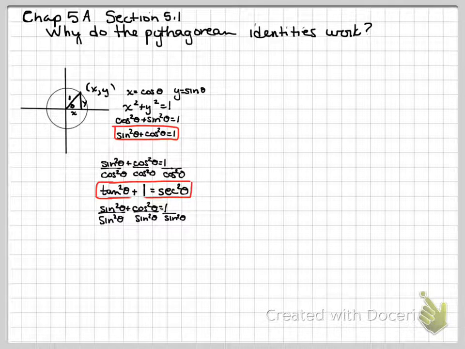And simplify. So sine squared theta over sine squared theta, that's a 1, plus cosine squared theta over sine squared theta, that's cotangent squared theta, equals 1 over sine squared theta, which is cosecant squared theta. And that is our third Pythagorean identity.